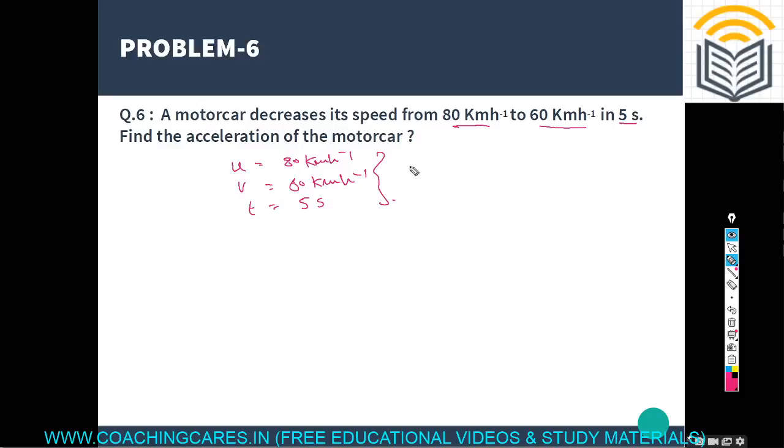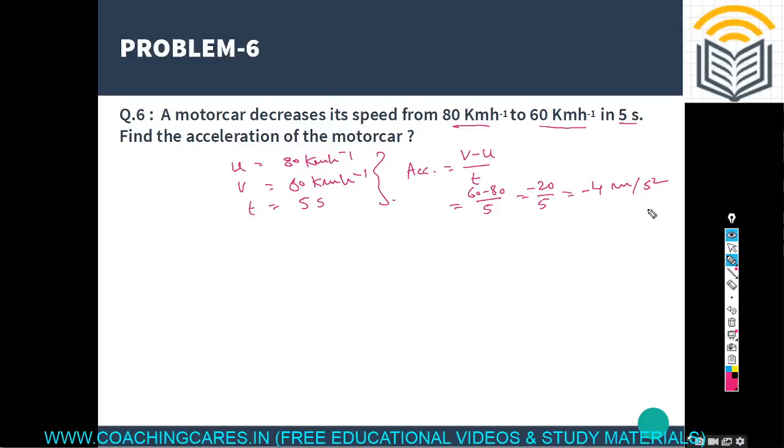So we'll calculate acceleration, which is equal to final velocity minus initial velocity by t, which is nothing but 60 minus 80 divided by 5, minus 20 by 5, which is nothing but minus 4 meter per second square. This is the acceleration of this motor car.